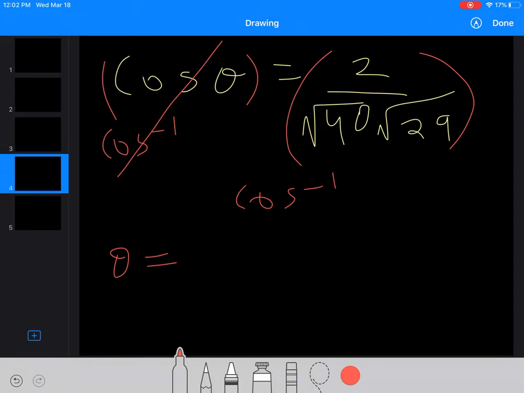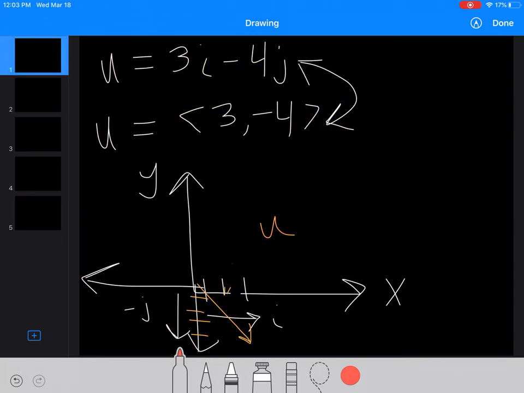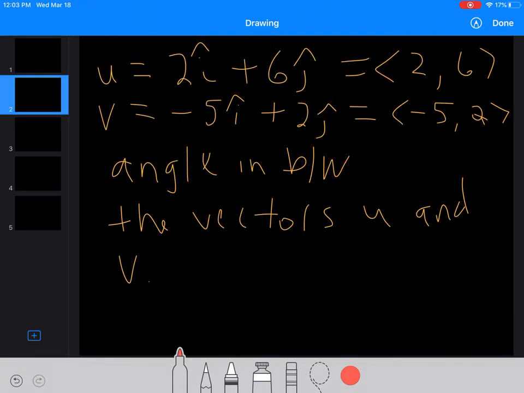And when we do that, we will get 86.63, if we go to the hundredths place, and make sure we put degrees there. Okay, so that's how we do a problem whenever we're given initially the linear combination of the vector and we just transform it to the component form.